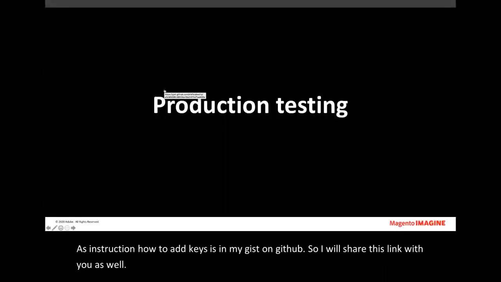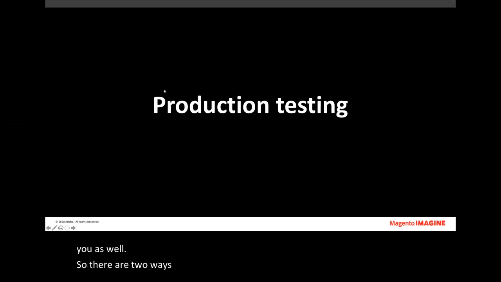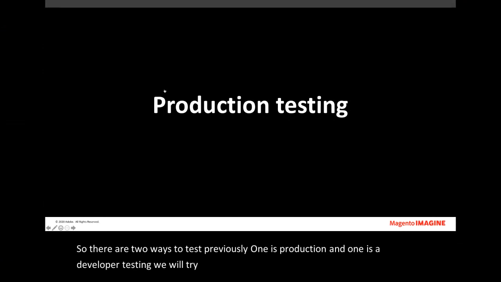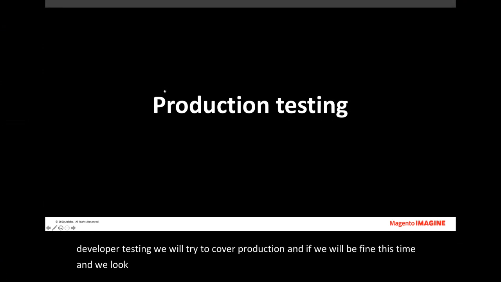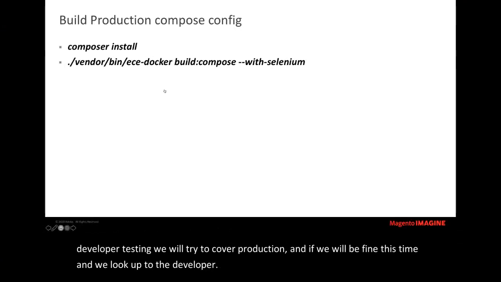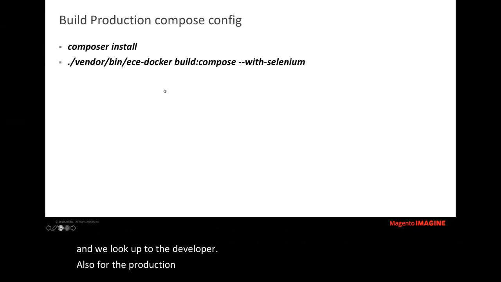There are two ways to run MFTF tests. As I said previously, one is production and one is developer testing. We will try to cover production, and if timing allows, we will move to the developer one. For production, of course, you will need to run composer install on the configured Magento template.